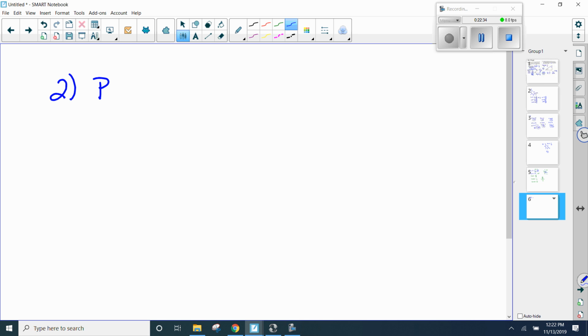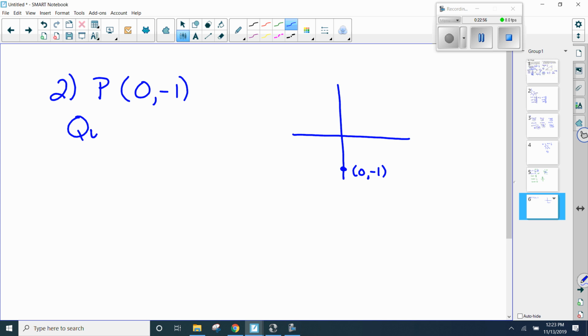The next one says P is the coordinate point 0, -1. All right, so what's cosine? Where's the point 0, -1? Right there's the point 0, -1. What quadrant is that? No, it's not in a quadrant.